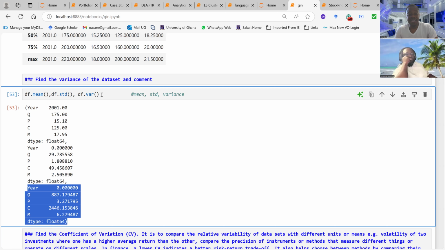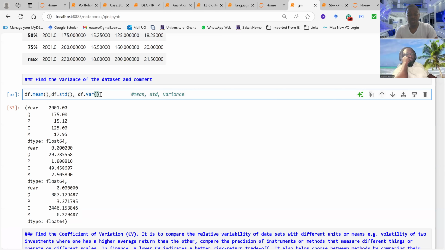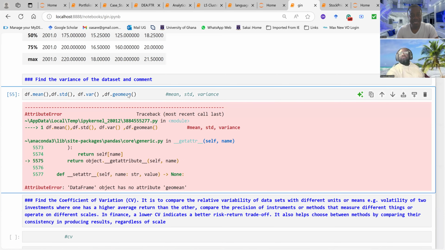In fact, if there's anything else that you want, let's say that we wanted a coefficient of variation. Let's say we wanted a geometric mean. Let's do that instead. Hopefully, df dot, I don't know what name they give to it. If it had been Excel, it would have given it to us. They don't call it geometric.